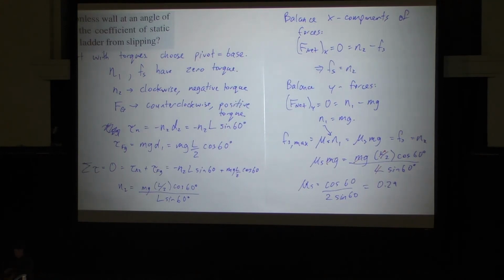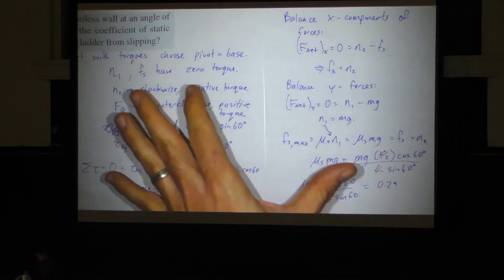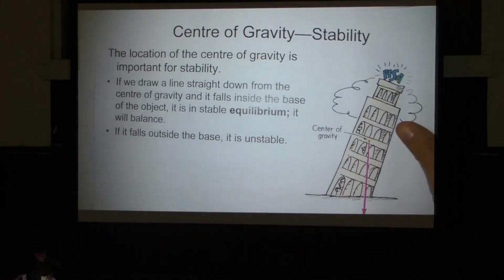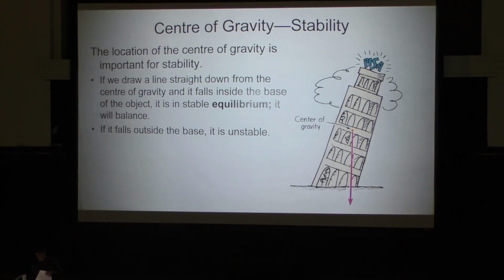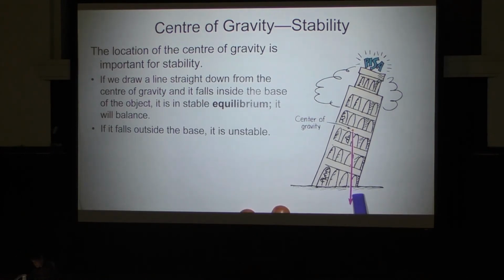Next, I want to talk a little bit, for the next 15 minutes, about stability. The location of the center of gravity is important for stability. If we draw a line straight down from the center of gravity, it has to be inside the base. So here's the Leaning Tower of Pisa.